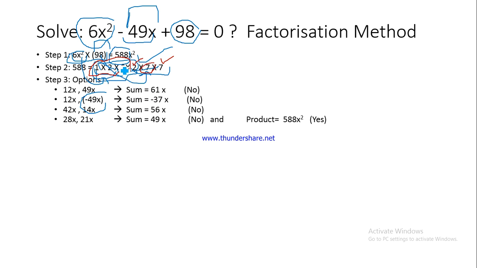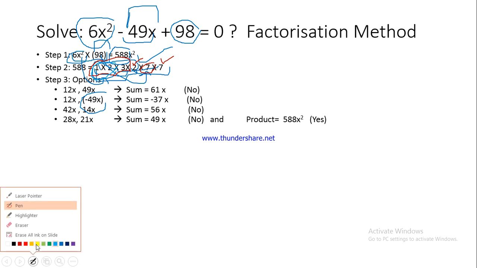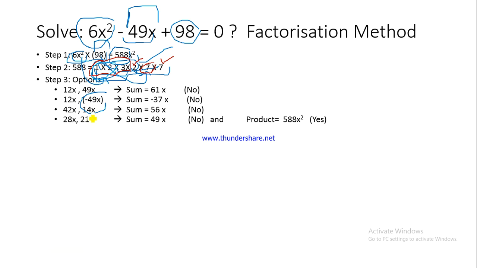Now this time I have taken up this 1 and 2, or should I be using some other color? Let me use the yellow color, which might probably be more visible to you. So this time I have used these 1 and 2, and then I have used the 2 and 7 here. So this becomes 1 into 2 into 2 into 7, which is basically 28.